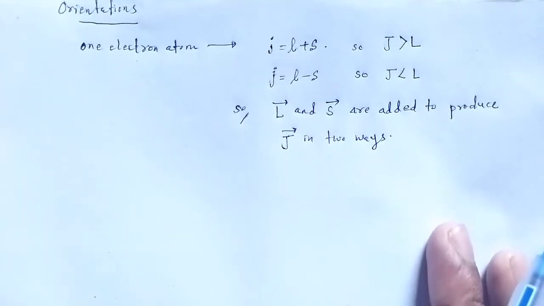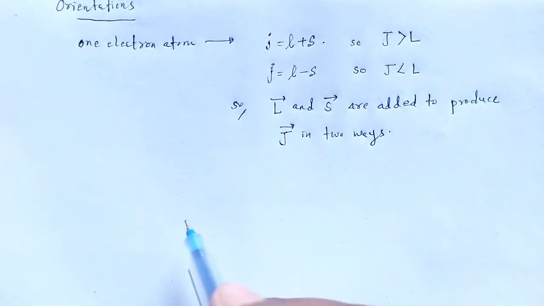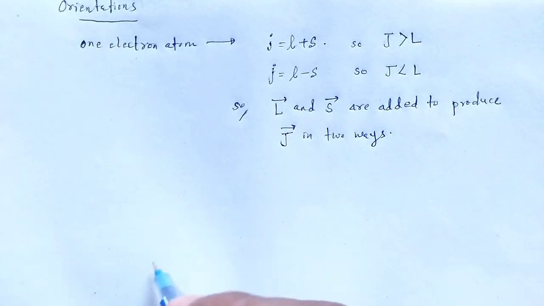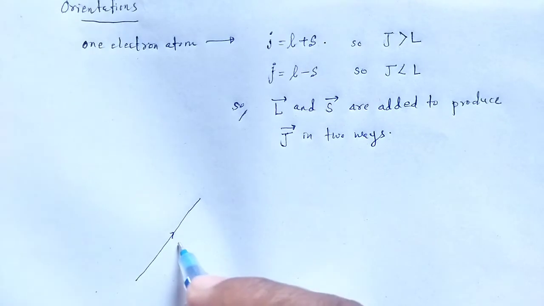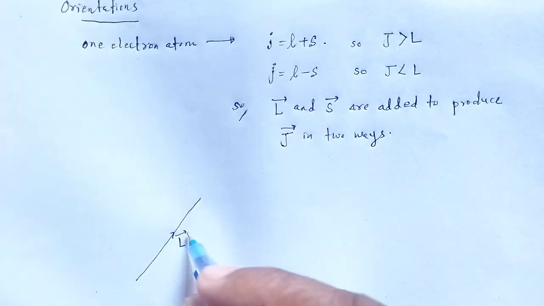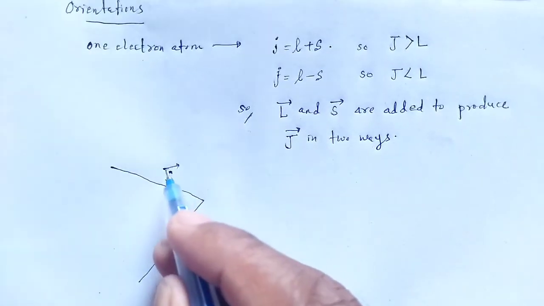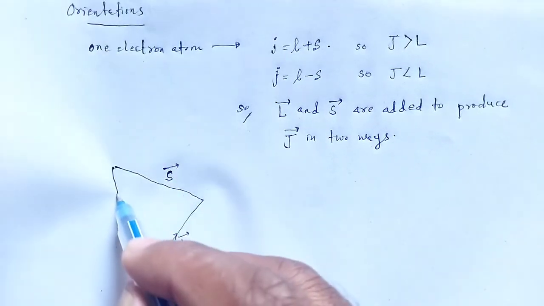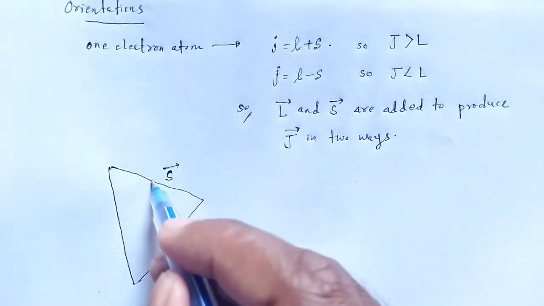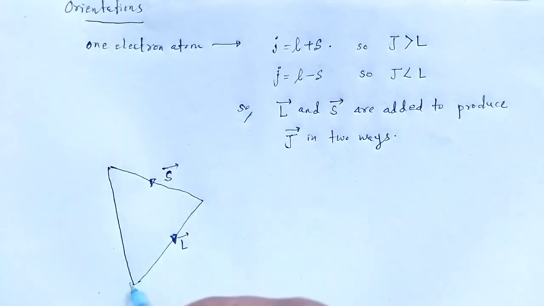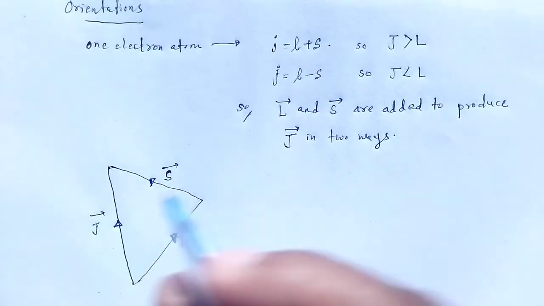So how are these two formed? Taking here the L vector and that the S vector, the resultant will be the J vector.